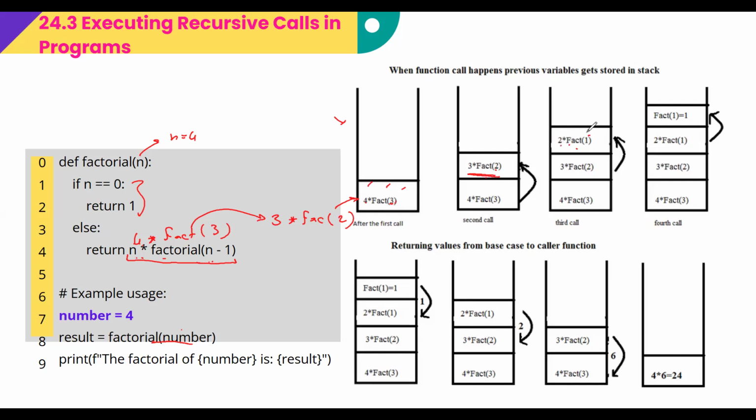Then you will find that this will also reserve a new place in the memory for the same function call, but with n equal 1. And that is the last, where we are going to reach such a base case.